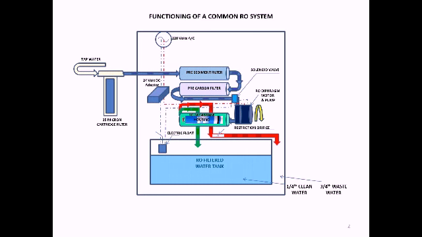Now you can see the restriction orifice on the red line. It primarily is a fixed flow control valve kind of a thing, which gives a back pressure onto the RO membrane so that you can control its TDS. TDS is total dissolved solids particles in the filtered water.